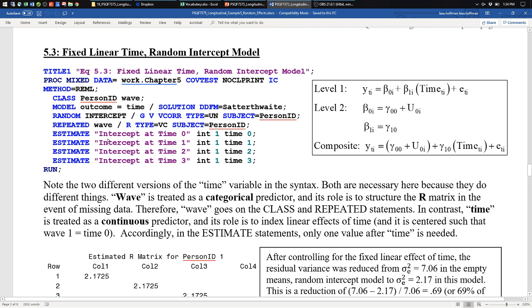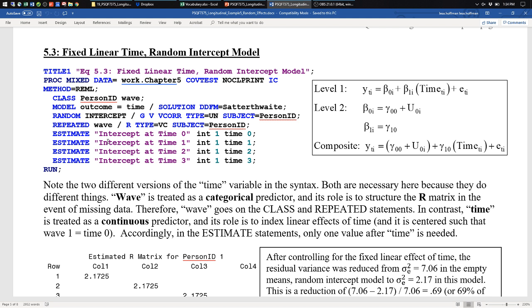And so note wave versus time in the syntax. Wave is a categorical variable. It's an ID variable. So it shows up on class and repeated to structure the R matrix. Time, because it's not on the class statement, is treated as a continuous predictor.